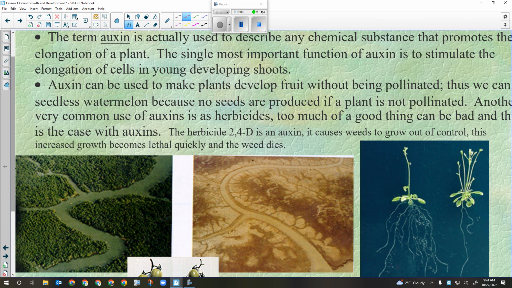And it has to do with auxins. It has to do with plant growth. Okay, I'll give you a hint. These 2 pictures were taken a few weeks apart in Southeast Asia in 1969.